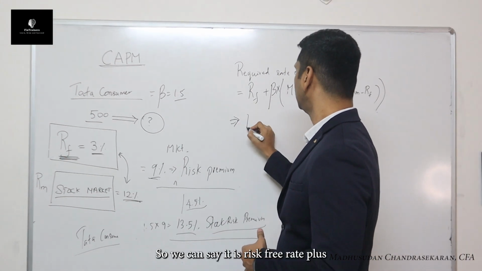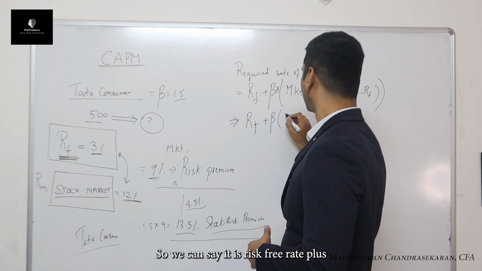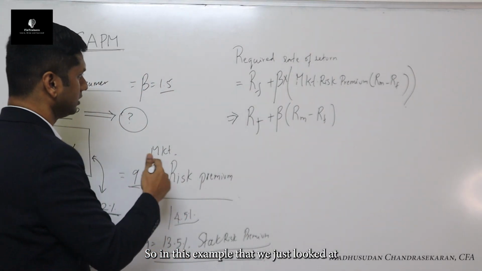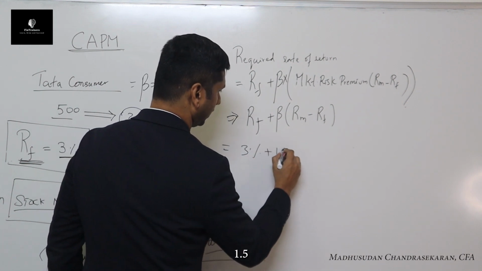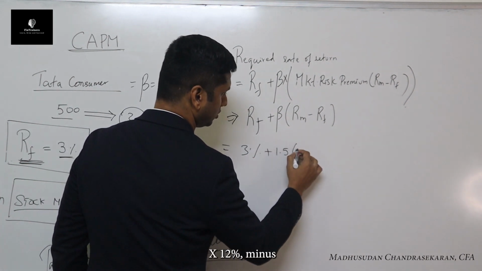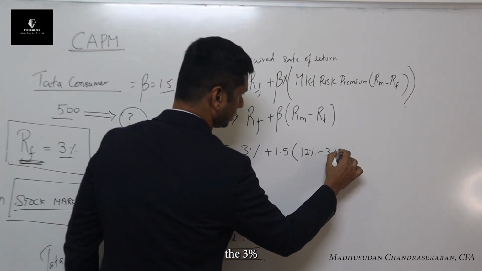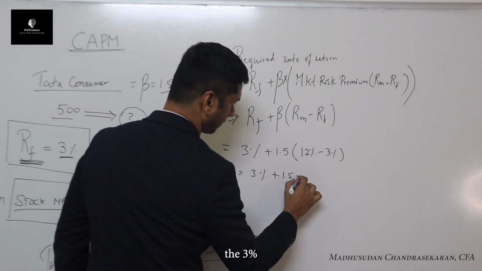So we can say it is the risk-free rate plus beta times the market risk premium. In this example that we just looked at, it's going to be 3% plus 1.5 into 12% minus 3%.